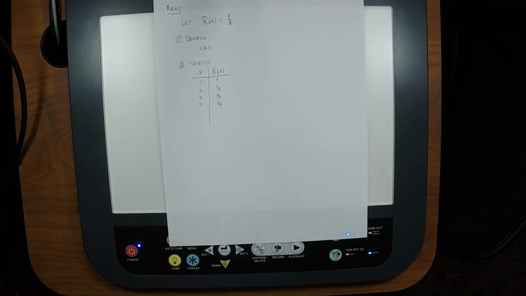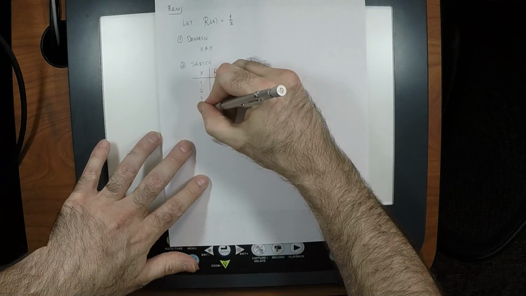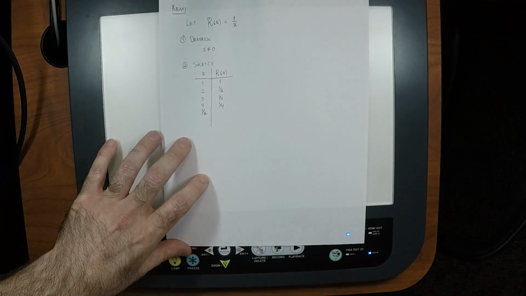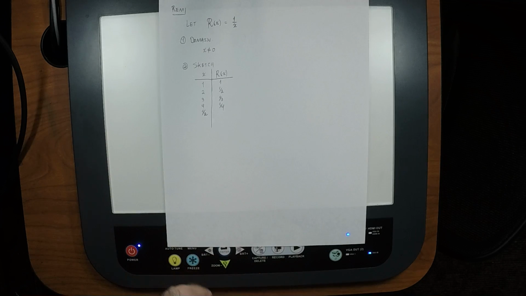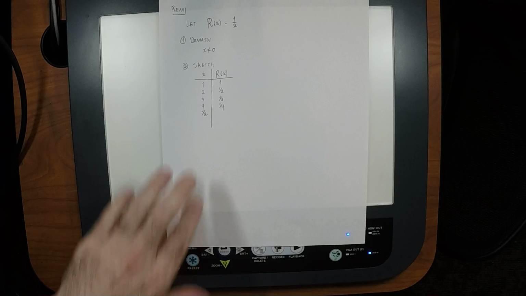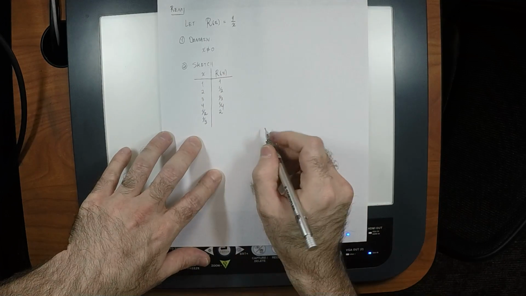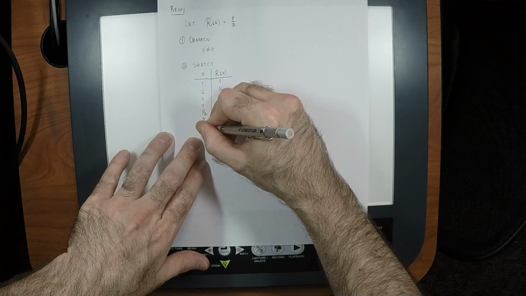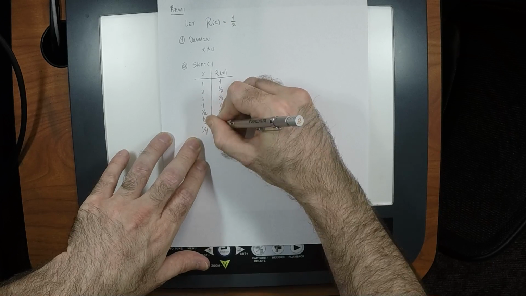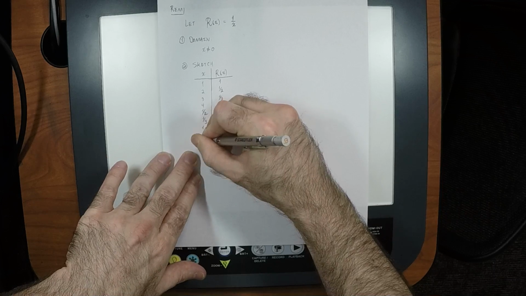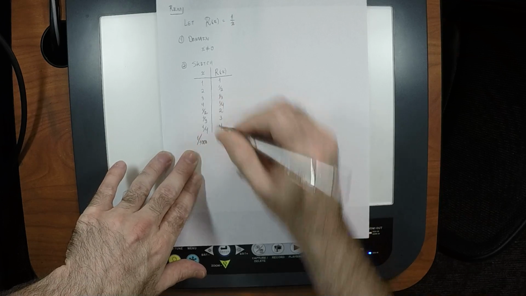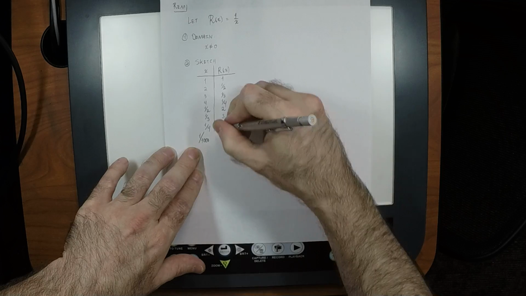But what if I say, what about input half? Then what's the output? 2, right? Because what this function does is it computes the reciprocal of its input. So what's the reciprocal of 2? What's the reciprocal of half? It's 2. And then if I input a third, then out will come 3. And if I input a fourth, out comes 4. And if I input 1 over 1,000, then out comes 1,000.